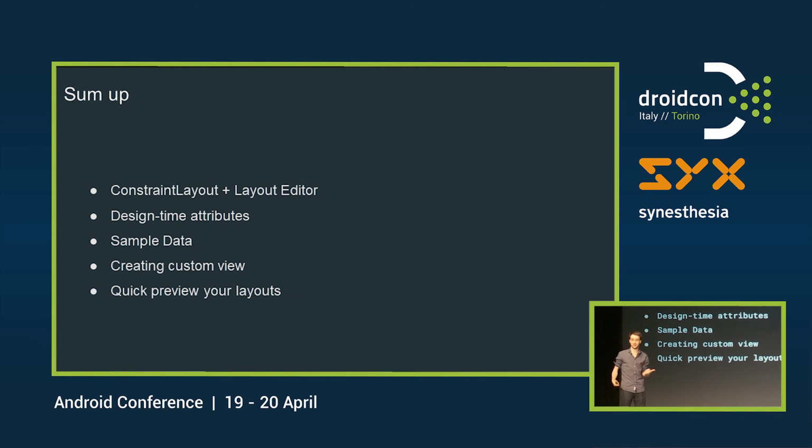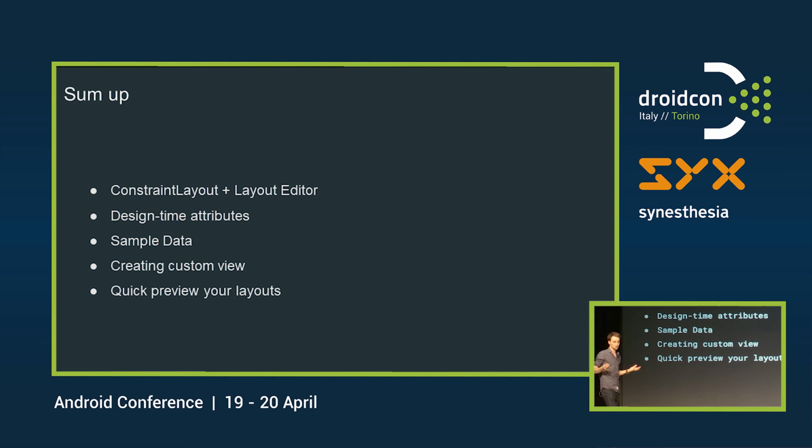Don't forget to use design time attributes. It's powerful to preview your view without running on device or emulator, and it's faster. Use sample data. It was announced at I/O last year, and it's great, being able to not create static data in your application and replace it in your adapter. It's great to be able to do that directly in the layout editor.